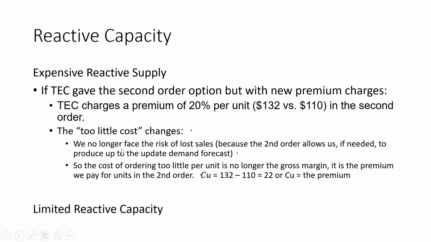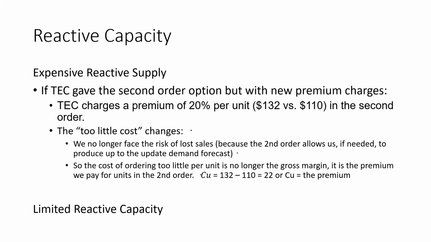So in this, if you have two order options, or you have added another second order option, the CU and CO change, but the real thing is CO stays the same, but CU changes. Okay, increase or decrease we don't care, but the CU changes. CU changes from price minus cost minus salvage to become the premium.